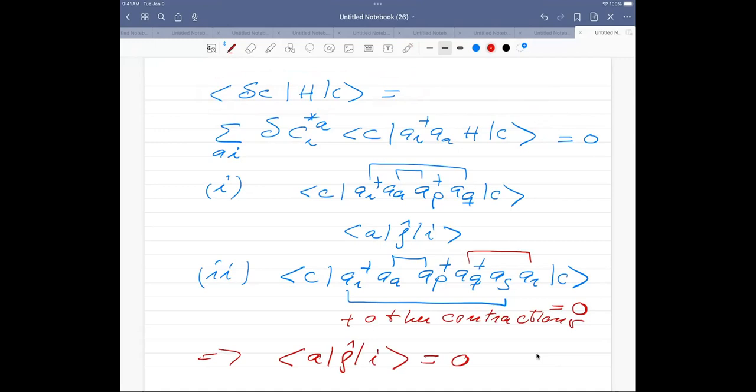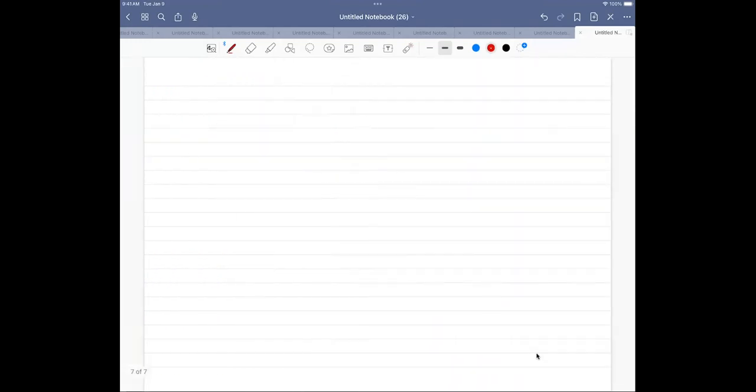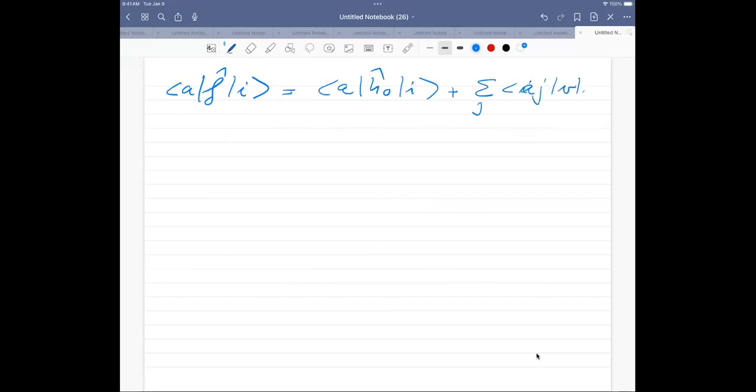And one way to solve that, which fulfills it, is that the basis you have is an eigenbasis of this operator F. So let me remind you also of the operator F. This A of F of I is the same as the single particle piece of A of H0 of I plus the sum over all states below the Fermi level, and then we have I and A J of V of I J anti-symmetrized.